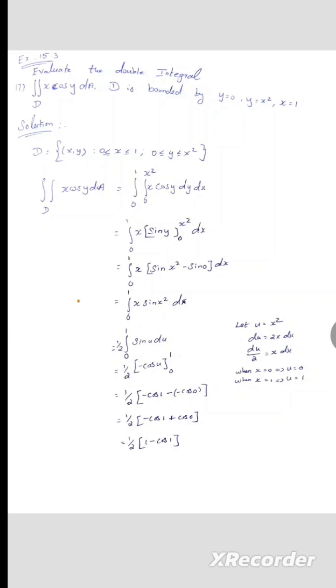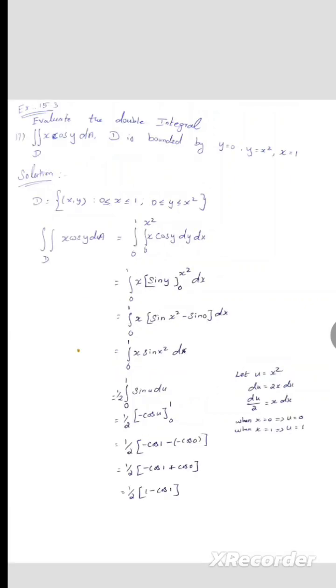Therefore, du by dx is 2x. Therefore, du by 2 is x dx, because here sin x squared times x dx is there. Therefore, instead of x square we substitute u, and instead of x dx we can substitute du by 2. So using this substitution we are applying this.